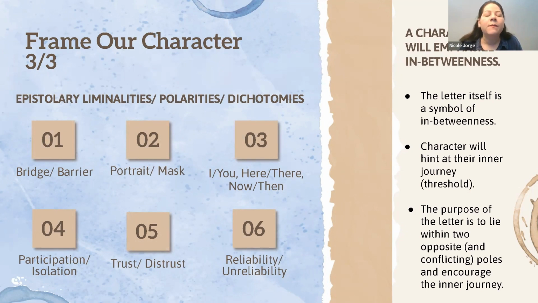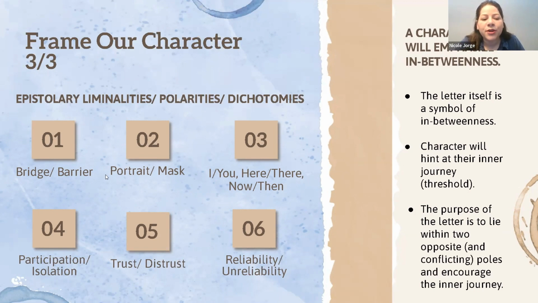To be honest, it doesn't necessarily happen like, okay, we're going to write the letter and then we'll see how it fits in the story. It'll happen sometimes organically, where the process might be thought out, but the idea is that the letter is going to lie between these two different polarities.